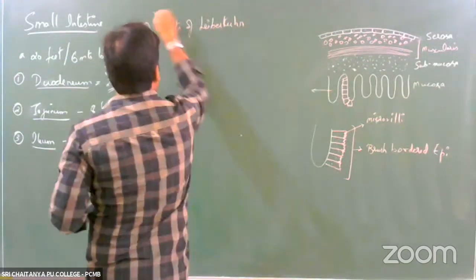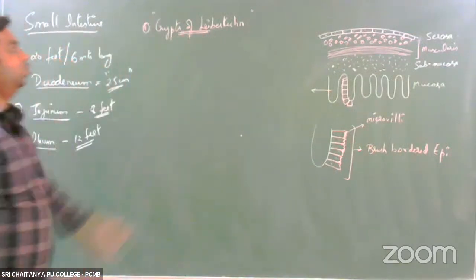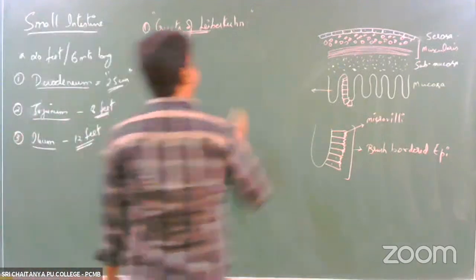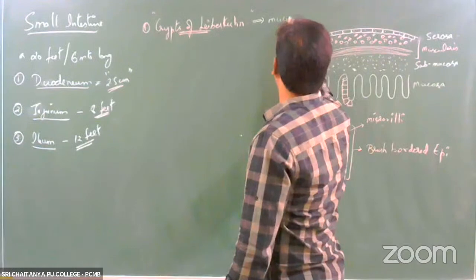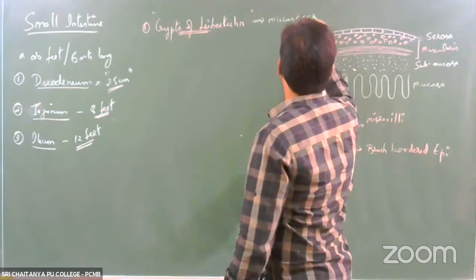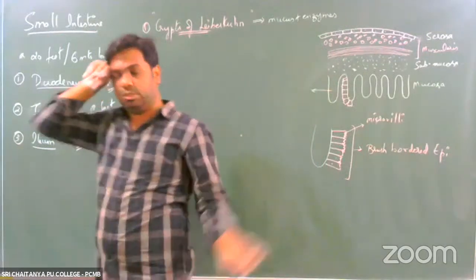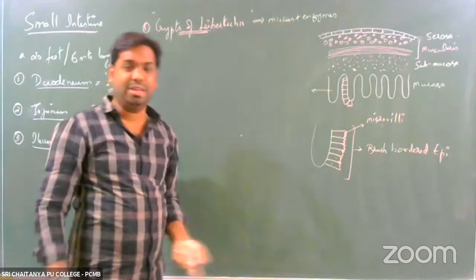This is the first gland, called the crypts of Lieberkühn. Now, what does the crypts of Lieberkühn secrete? It secretes mucus as well as enzymes.